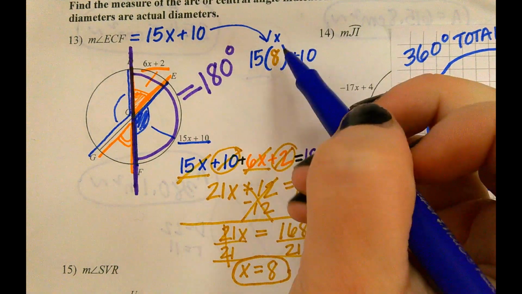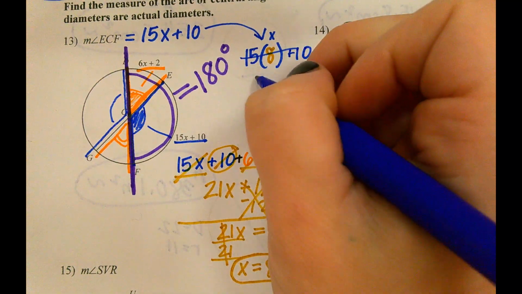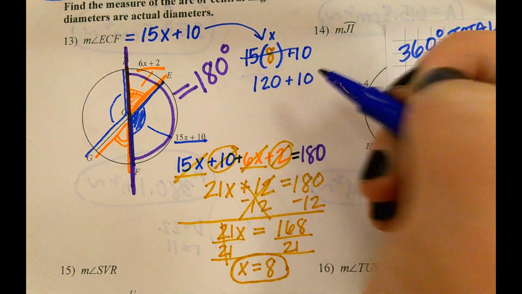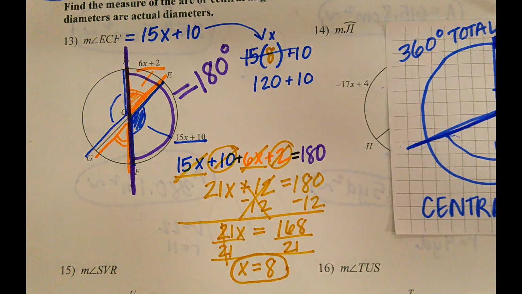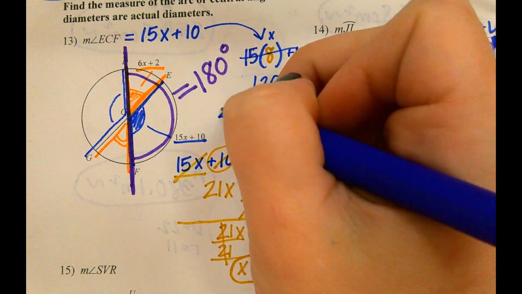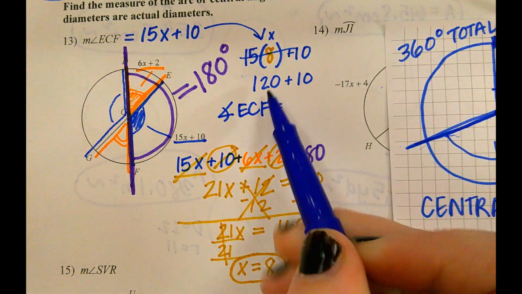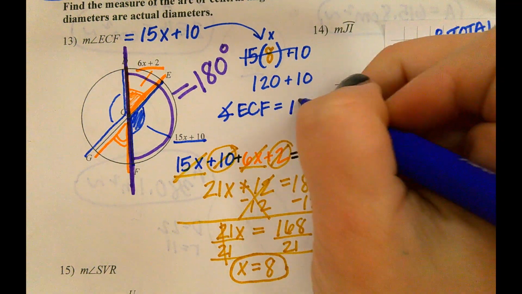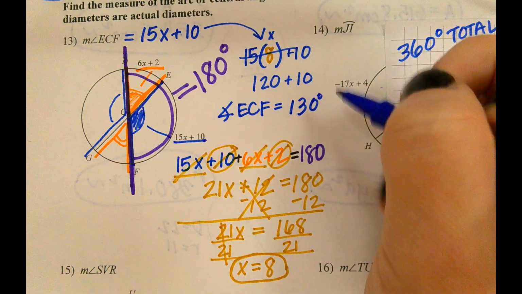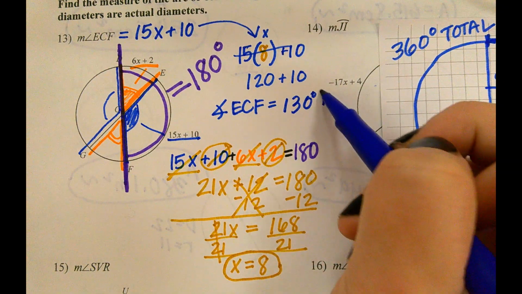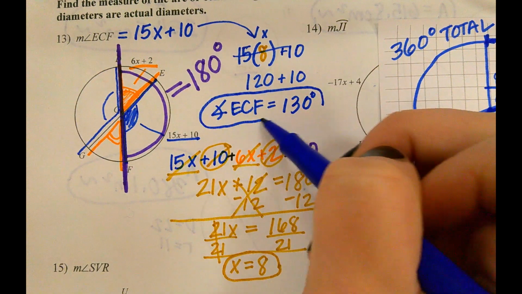And 15 times 8 is 120 plus 10. So angle ECF is 130. Sorry, I should have let you say it. 130 degrees. That is our answer.